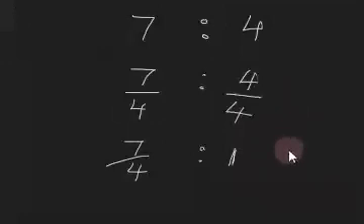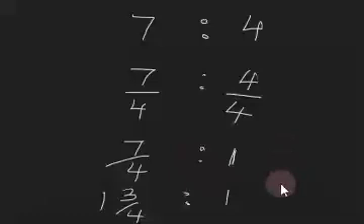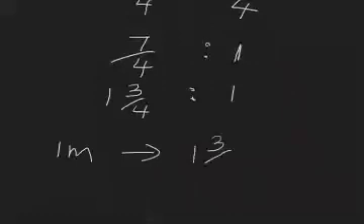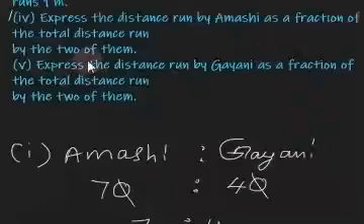So I convert this into a mixed number, 1 and 3 over 4. That means when Gayani runs 1 meter, Amashi runs 1 and 3/4 meters, right? Okay, we'll move to part 4.